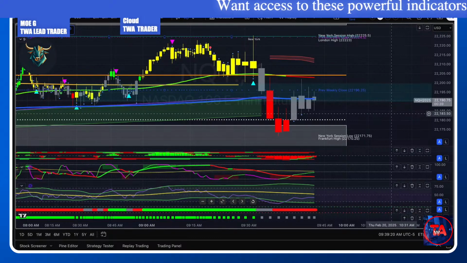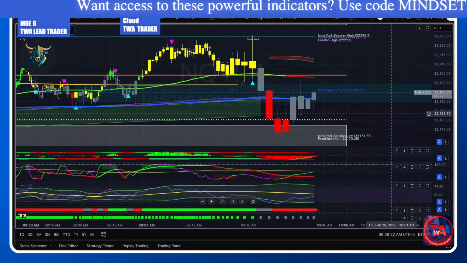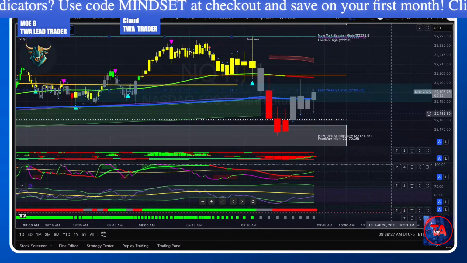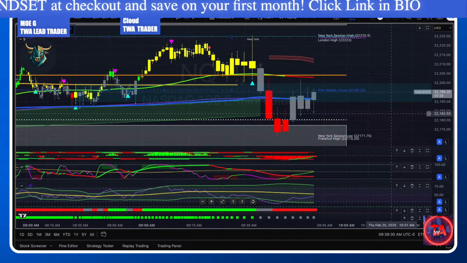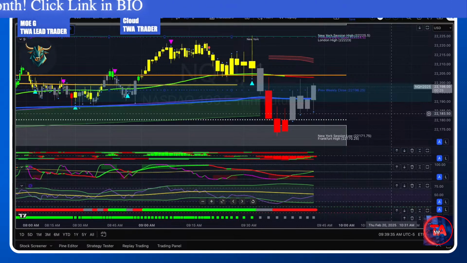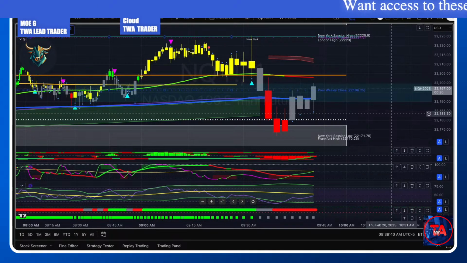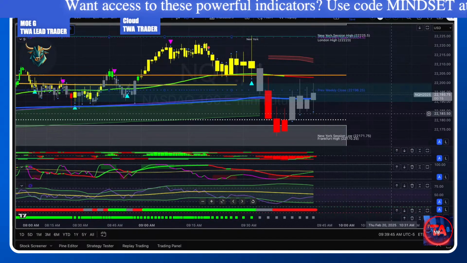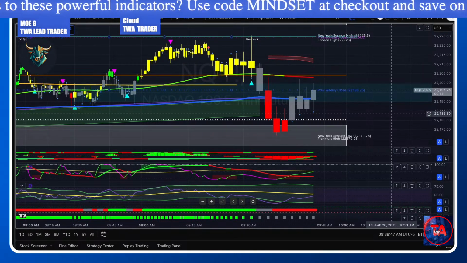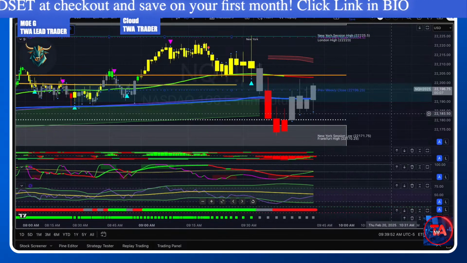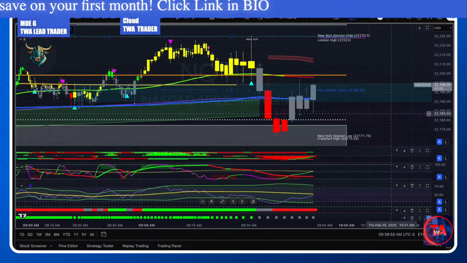A lot of money zones up here that I'm fighting against, honestly. A lot of money zones up here.